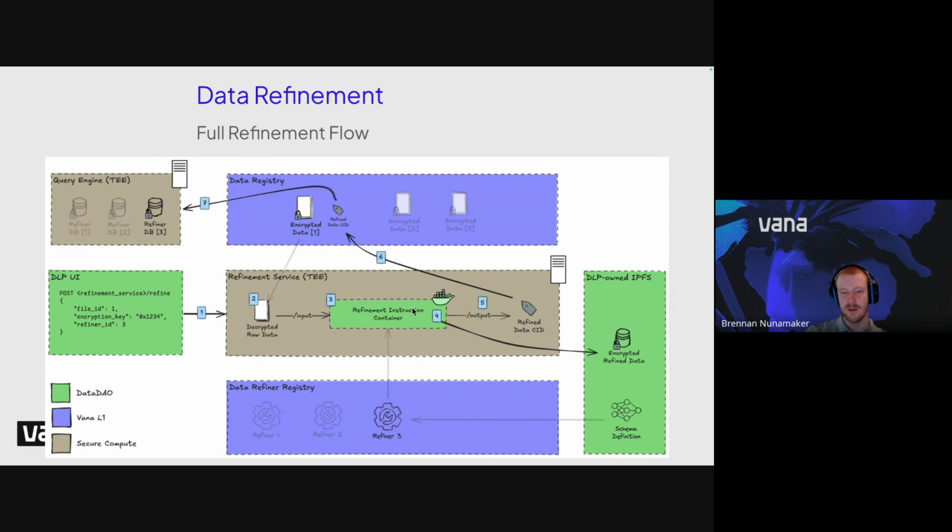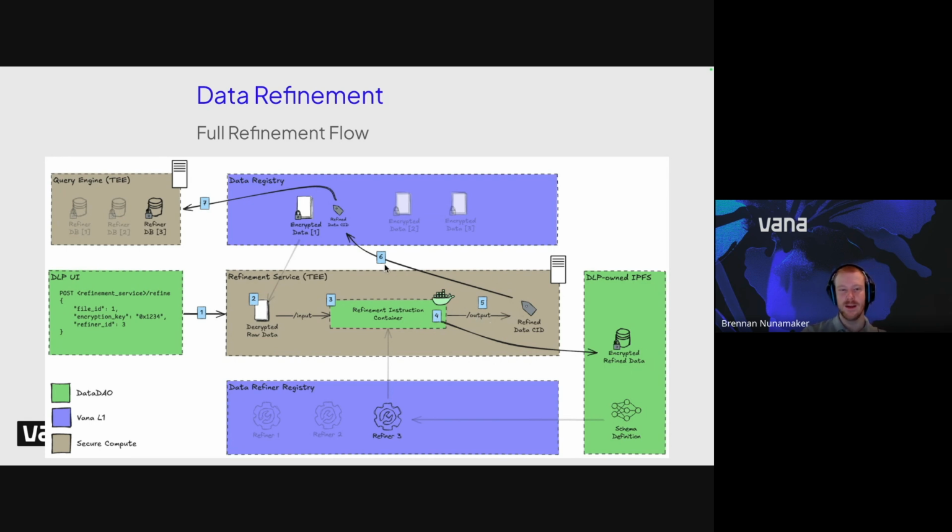And after the refinement has been generated, after the data has been structured, it is uploaded to IPFS as encrypted refined data. And then the IPFS CID is output in an output folder that is also mounted to the Docker container.